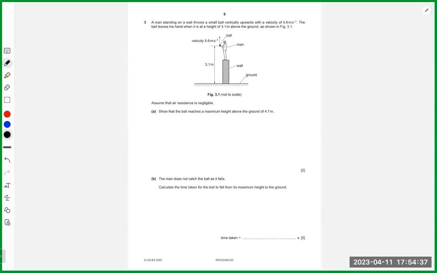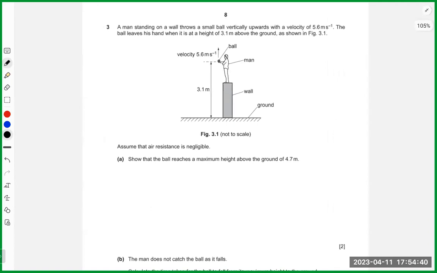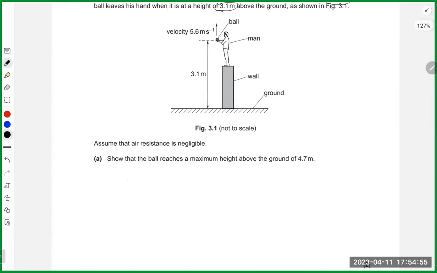Okay. Now, next question, let's see quickly. A man is standing on this and this is 5.6. The ball leaves the hand at a height of 3.1 meter above the ground. Show that it reaches a maximum height of 4.7. 2gh equals v squared minus u squared. So 2 into minus 9.8 into h equals 0 squared minus 5.6 squared.